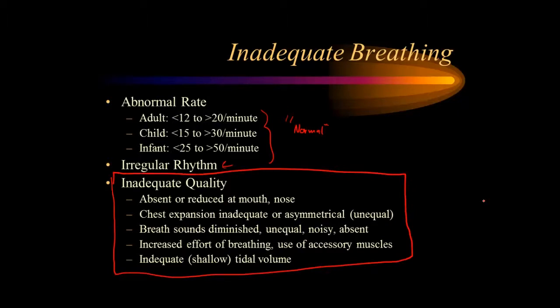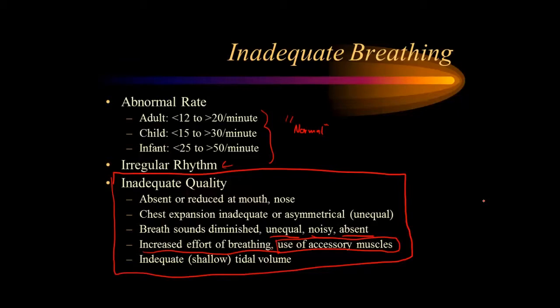So if we have absent or reduced airflow at the mouth and nose, if we have chest expansion that is either inadequate or asymmetrical, if your breath sounds are diminished, unequal, noisy, or if there aren't any, then that's a concern. If you have significantly increased or even moderately increased effort of breathing or the use of those accessory muscles, which I have talked about before, or an inadequate or shallow tidal volume.